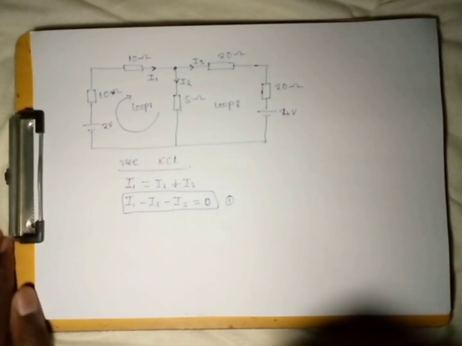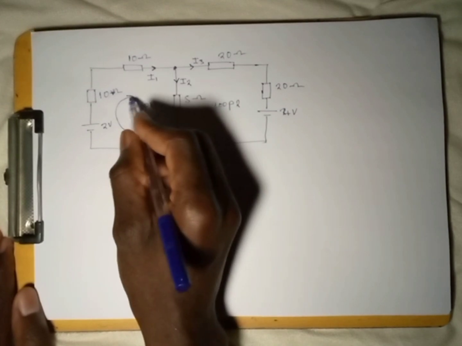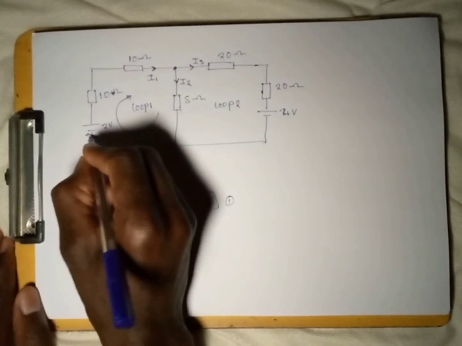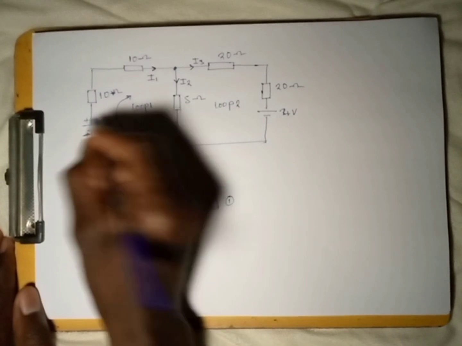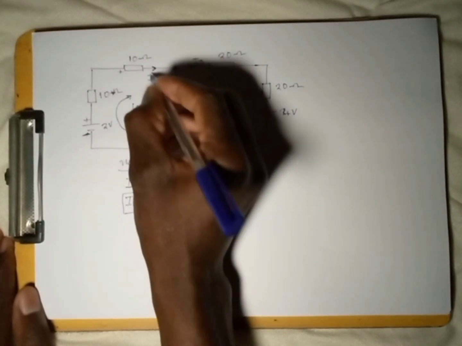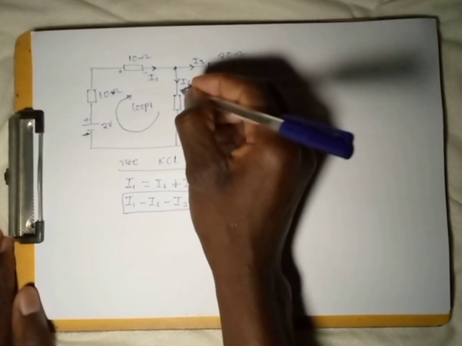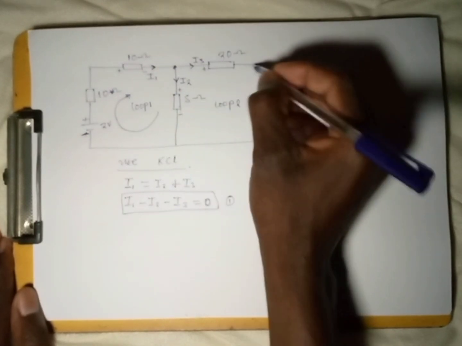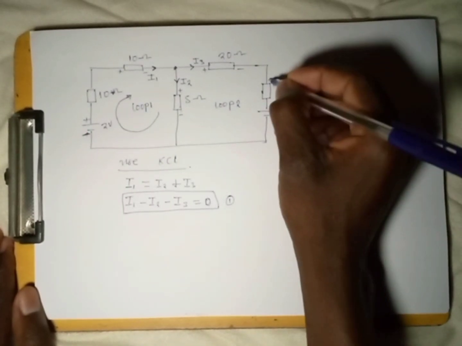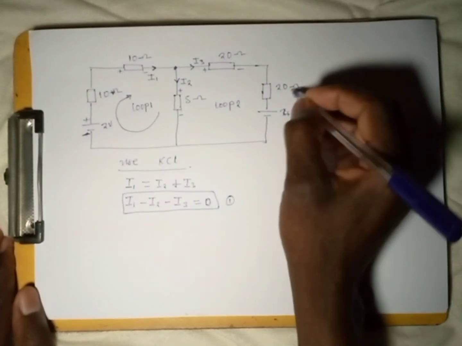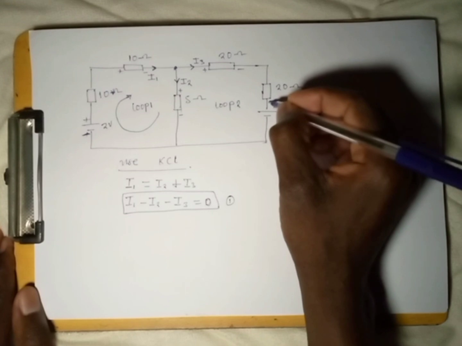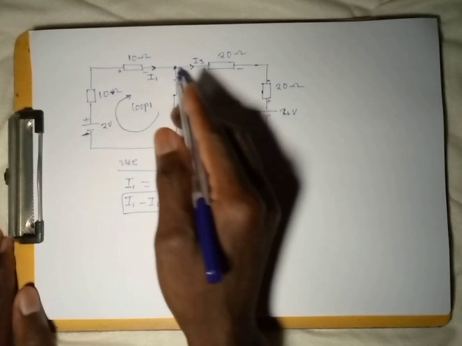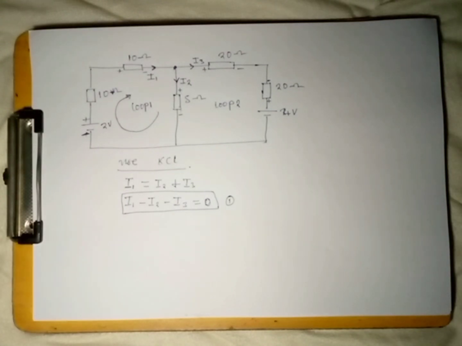If I'm moving in the clockwise direction based on the arrow, this arrow shows that here we have a negative terminal, here we have a positive terminal. Even there we're going to have positive, negative. Even here we're going to have positive, negative. Somewhere there I'm going to have positive, negative. Then here I'll say negative, positive, since current is moving in that given direction.